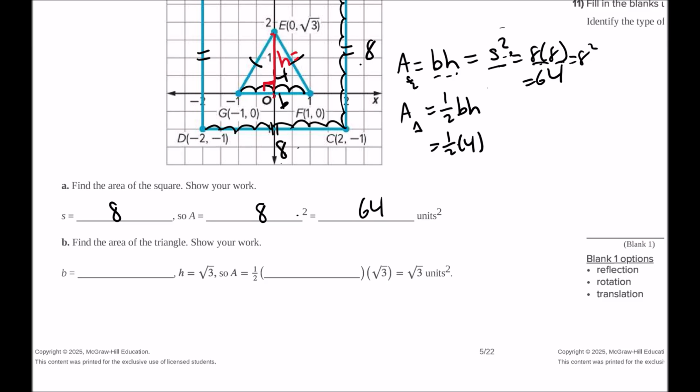Well, it's from 0 to square root of 3. So the height is square root of 3, because this is square root of 3 and this is 0. Square root of 3 minus 0 is square root of 3. So we get 1/2 times 4, which is 2, and then 2 times square root of 3.